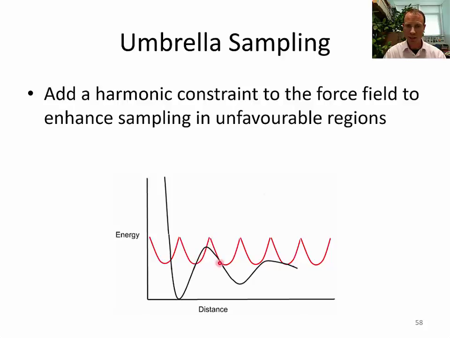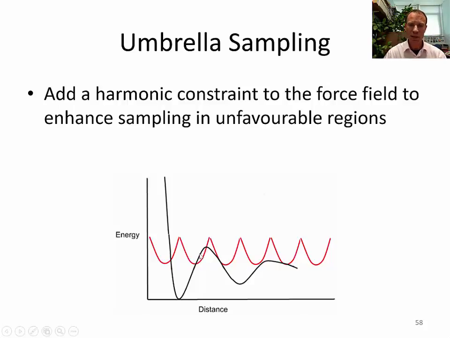And then this harmonic potential would hold us in this region of the curve. This allows us to do more sampling than we would normally be able to do for high energy parts of the curve, which allows us to get better sampling and then better statistical properties and better thermodynamic properties.